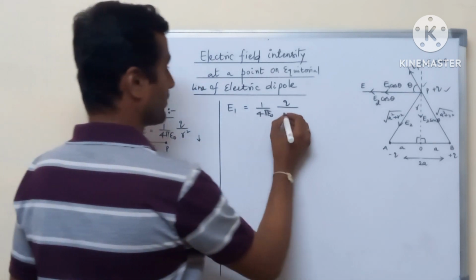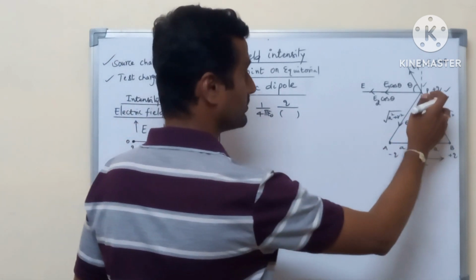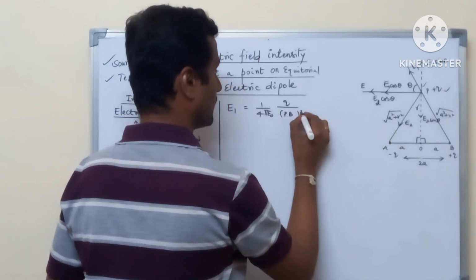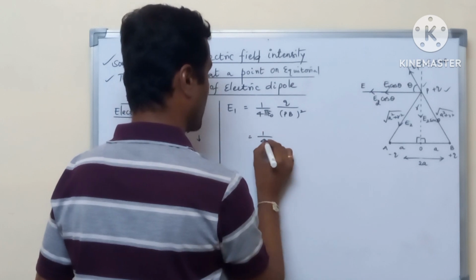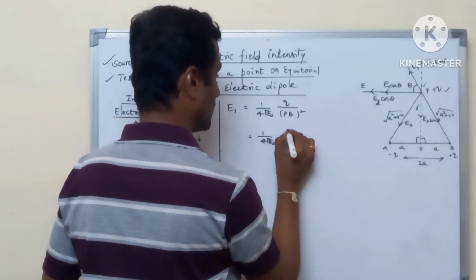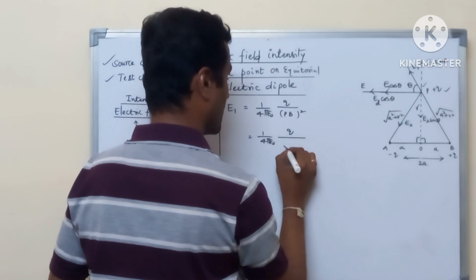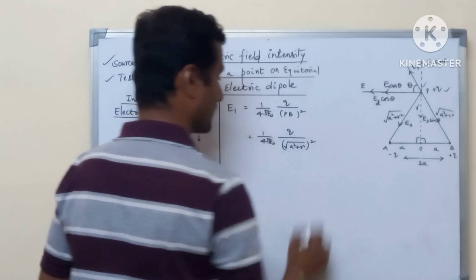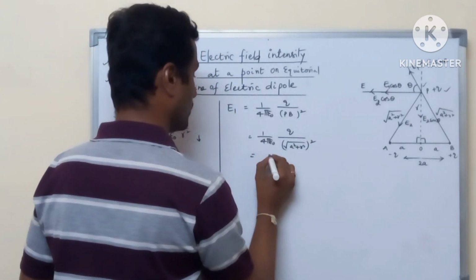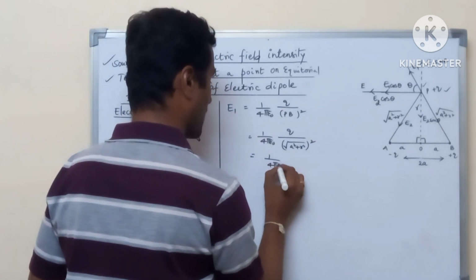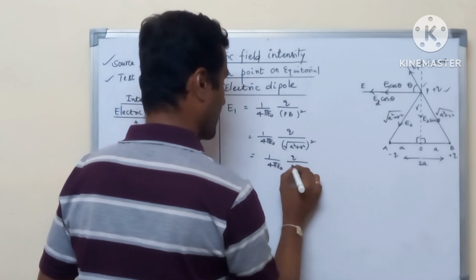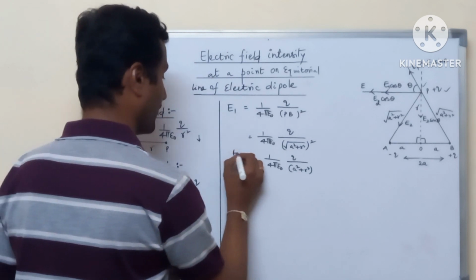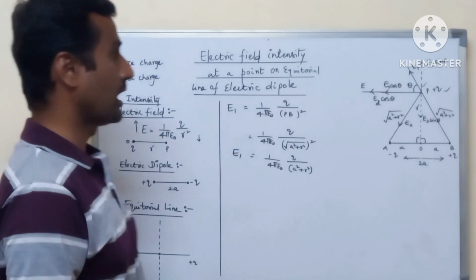Here r is the distance from P to B. That is equal to 1 by 4 pi epsilon naught q divided by square root of a square plus r square, whole square. That is equal to 1 by 4 pi epsilon naught q divided by a square plus r square. This is the electric field E1 at P.